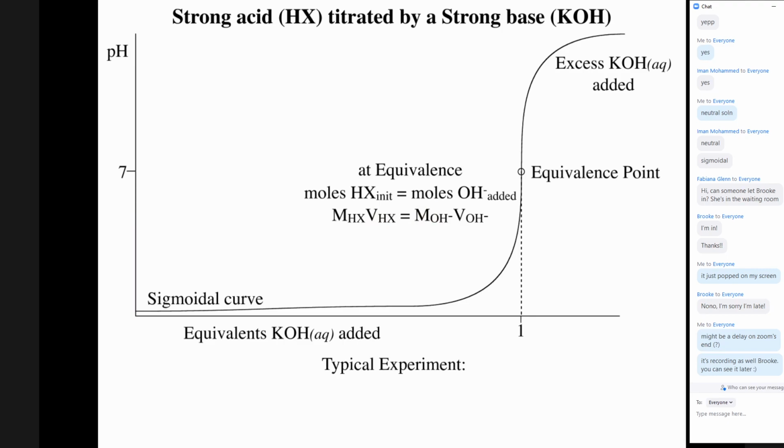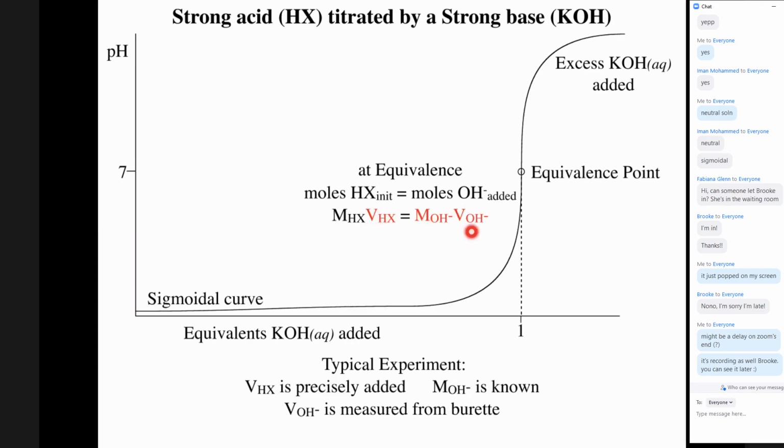So typical experiment, you know this and you know this. You can only have one unknown, so I need to do something with this. So we quantitatively, drop by drop, add in the base until we get that equivalence point, the color change associated with it. So this is a known, this is a known, this is measured from the burette. So basically, are we solving for the one unknown, molarity of the acid?